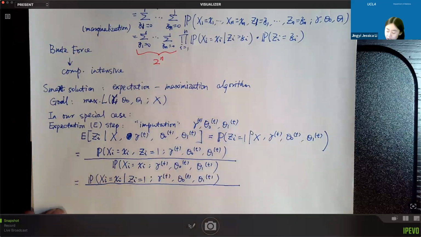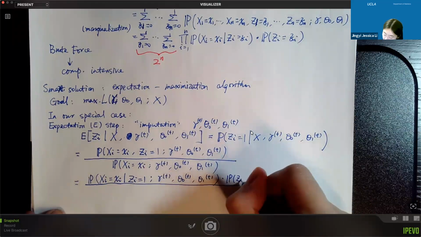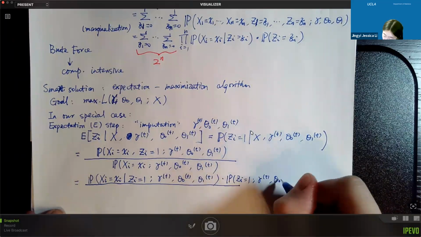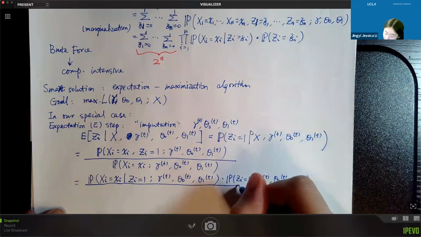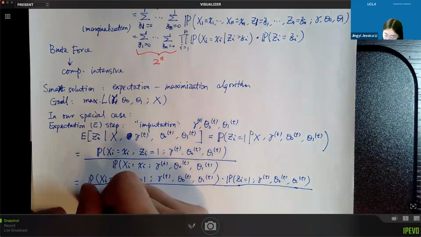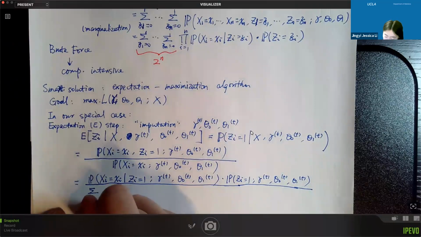Times the probability Zi equals 1. For the denominator, I need to consider 2 cases, Zi being 1 or Zi being 0. So I'm going to write a sum over lowercase zi equals 0 or 1.